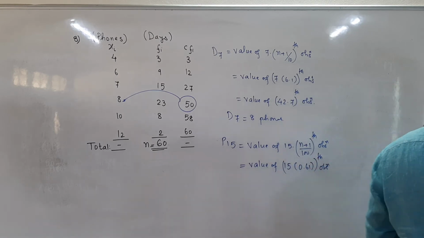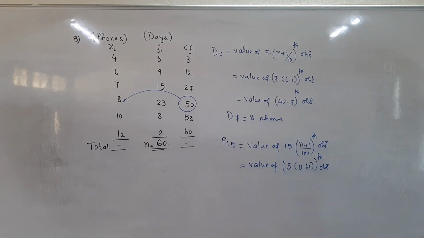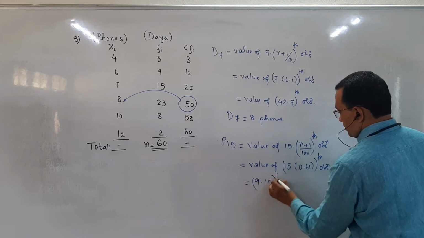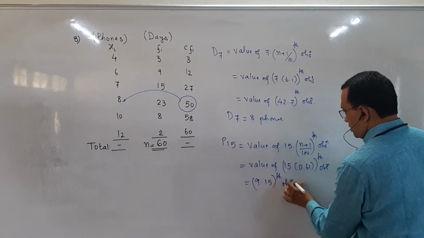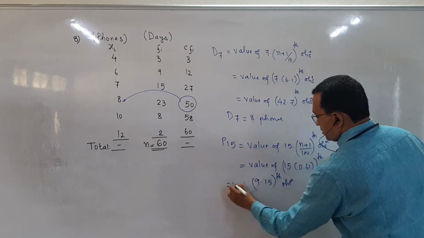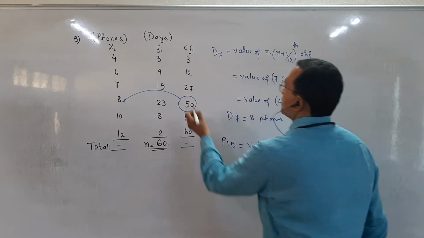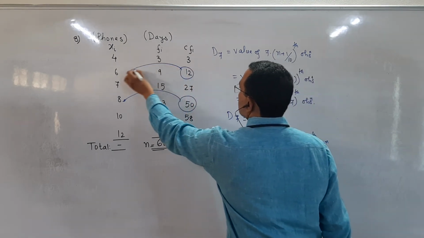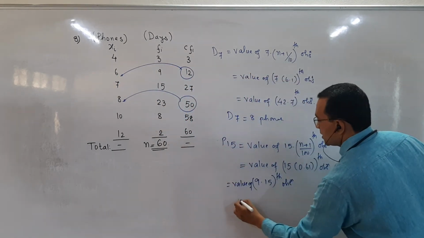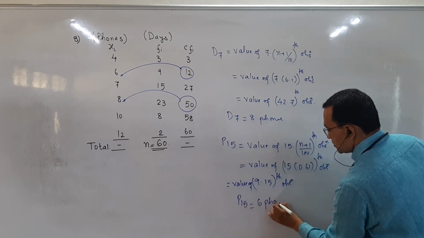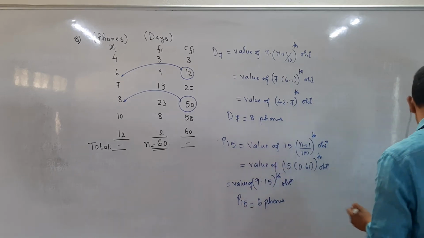Multiplying this comes out to be 9.15 observation value. Now 9.15 is covered in CF 12 and corresponding xi is 6. So P15 is equal to 6 phones.